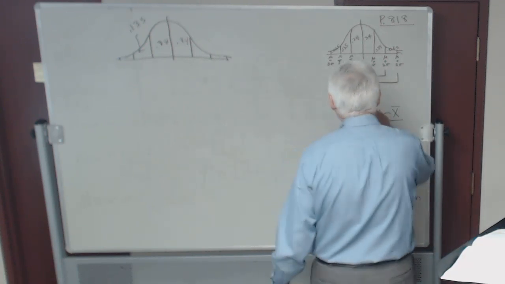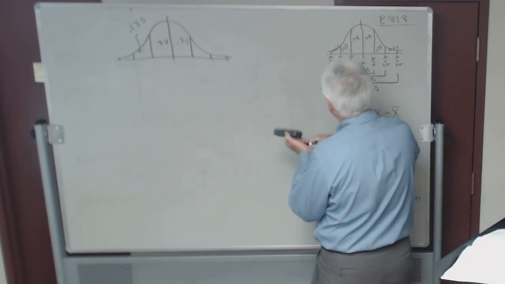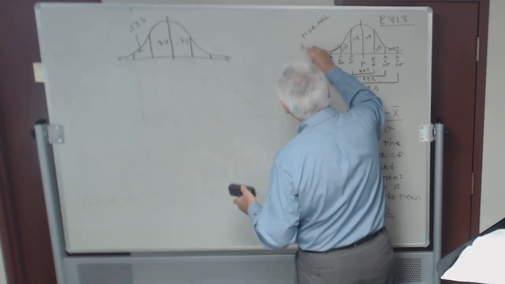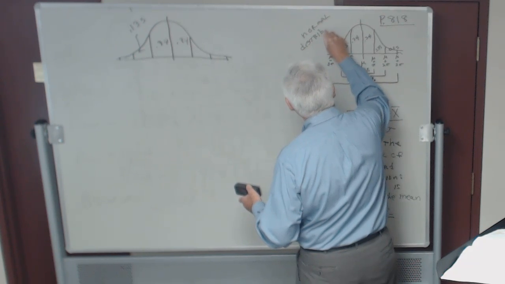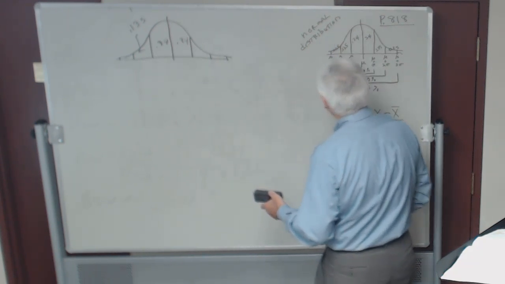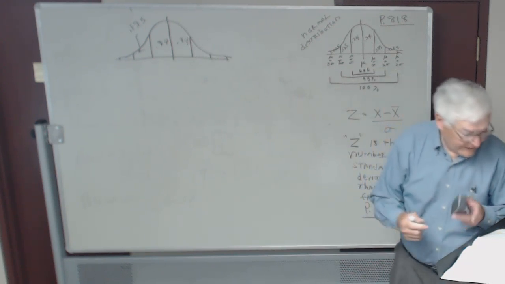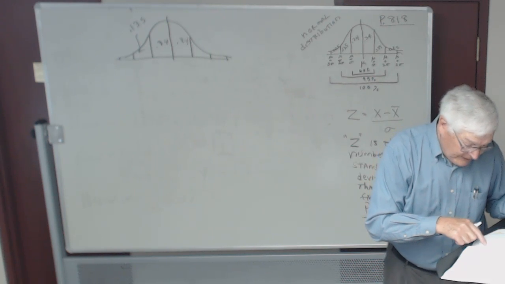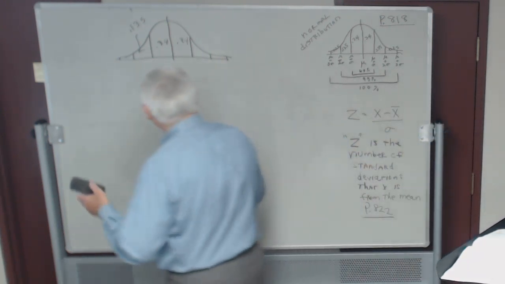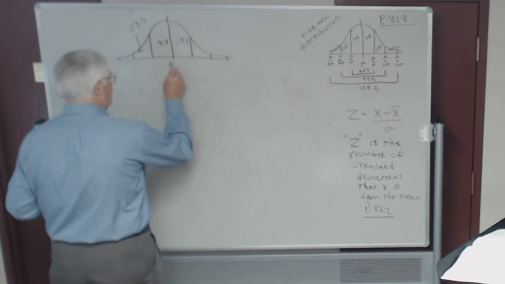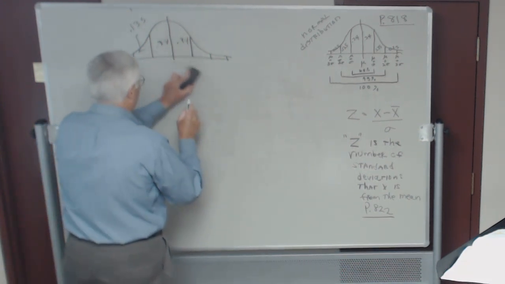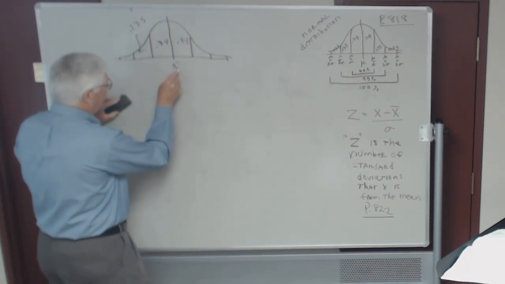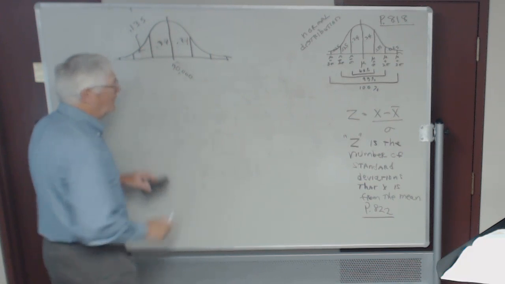Okay, as soon as they say that, this is a normal distribution. So when they say the salaries are normally distributed, then what does it say next? The mean is 40,000. So what number goes right here? 40,000. You follow me?